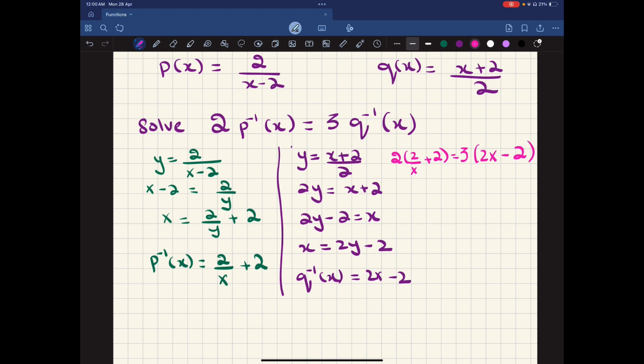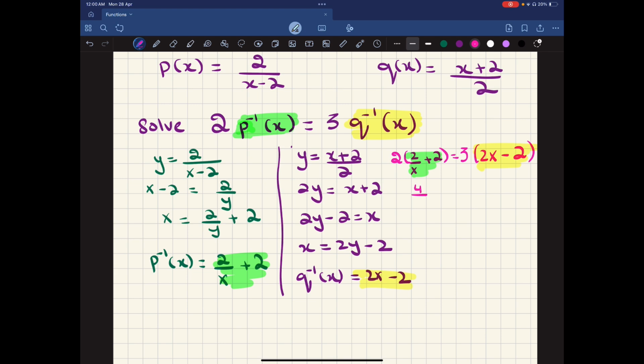Okay, so this is basically this, right? So 2 times p inverse of x and 3 times q inverse x. The value of q inverse x is 2x minus 2.